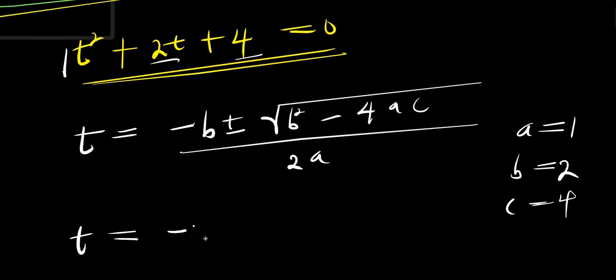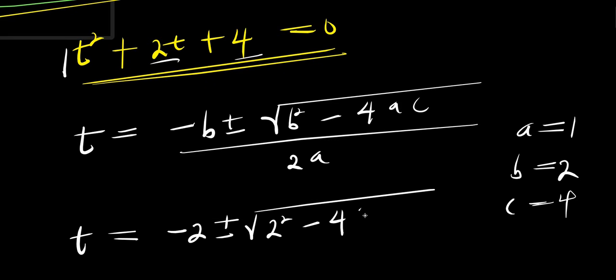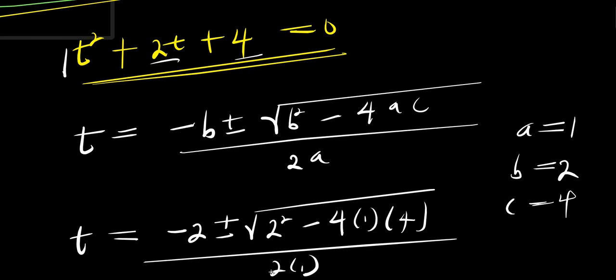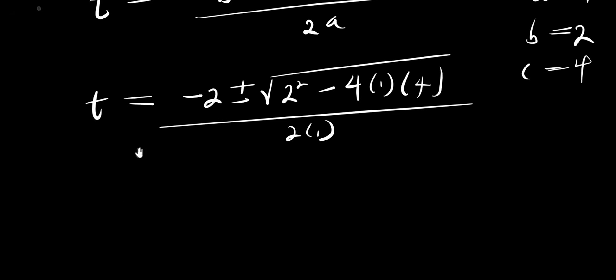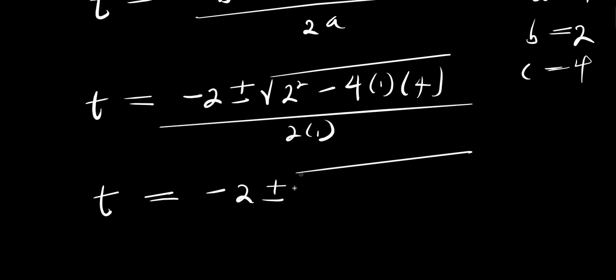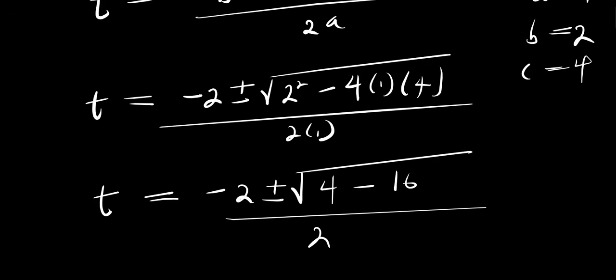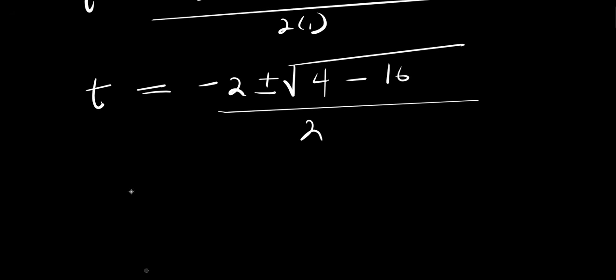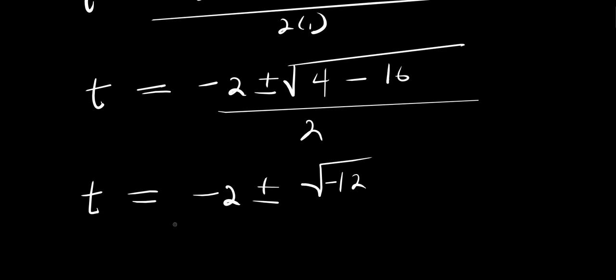So t equals -2 plus or minus square root of 2 power 2 minus 4 times 1 times 4, divided by 2 times 1. From here, t equals -2 plus or minus square root of 4 minus 16, divided by 2. So t equals -2 plus or minus square root of -12, divided by 2.